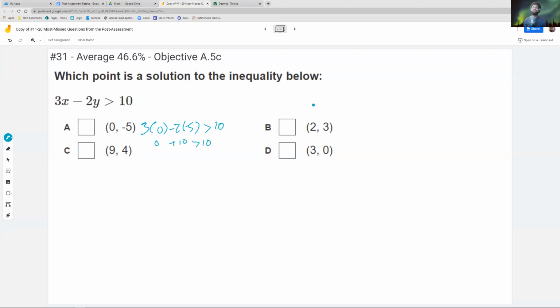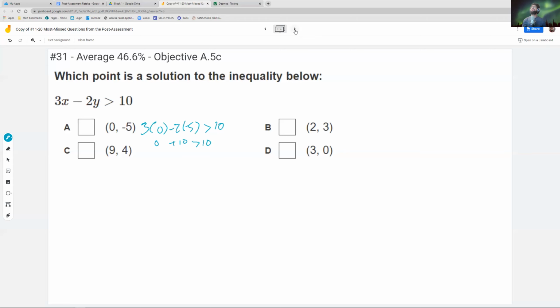Is 10 less than 10? No, 10 isn't less than 10. 10 is equal to 10. All right. So that would not be a possible solution to this inequality. And then you go and do that for the other 3 points in this question. I do believe that's well within you guys' capability. If you want to make sure you're not making mistakes on these, you can type this into Desmos like the previous ones, and that will make it a little bit easier.